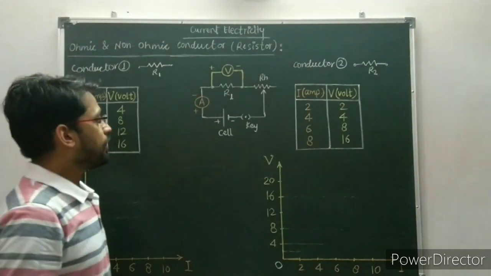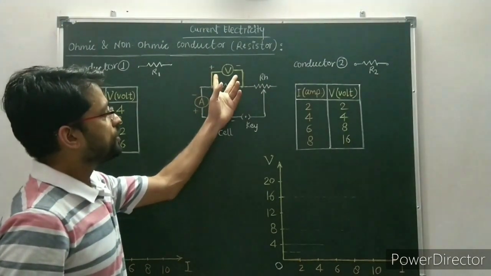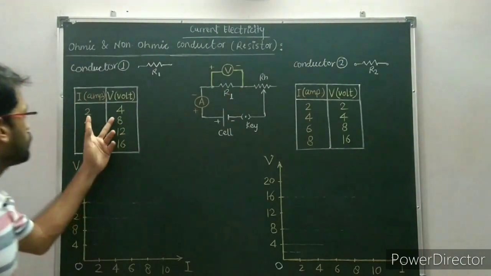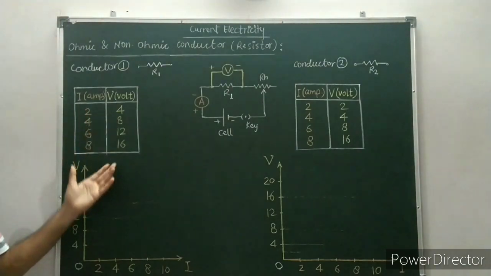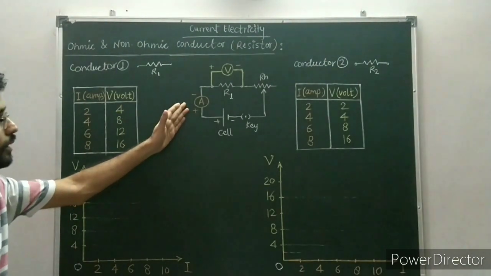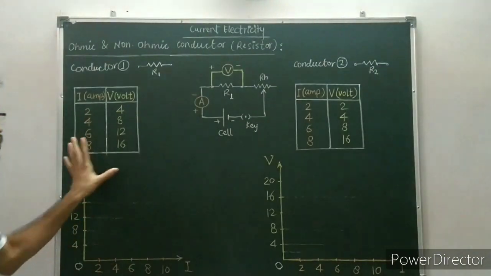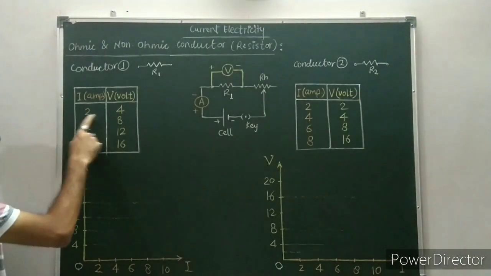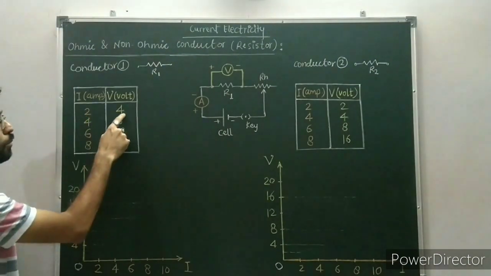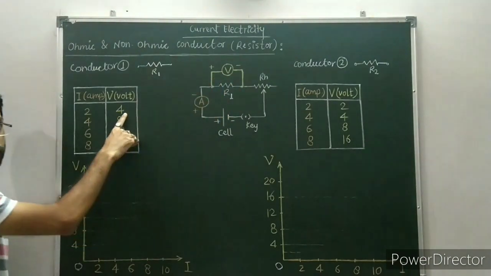And with the changing current, the potential difference across the conductor also changes. So we draw a table for the current and the potential difference across the conductor. Assume when the current flowing through the conductor is 2 ampere, the potential difference across the conductor is 4 volt.